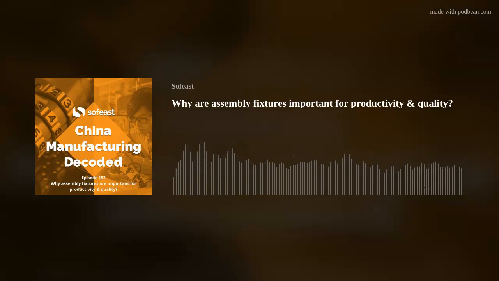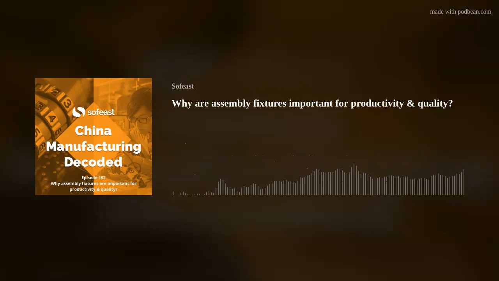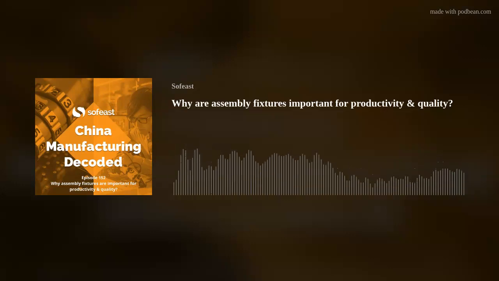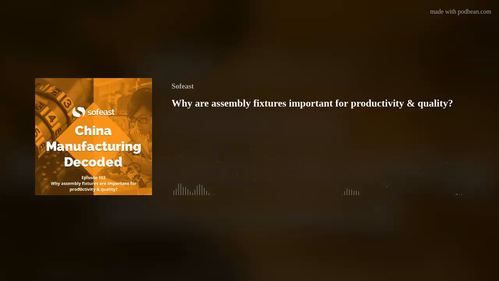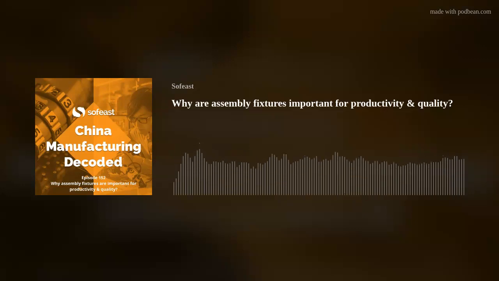But we have the benefit on the assembly line to have a look at that and say, okay, there's a potential error here, because there is no design feature in the product that prevents that assembly. So we have to design something and put a fixture in place to prevent that error occurring.